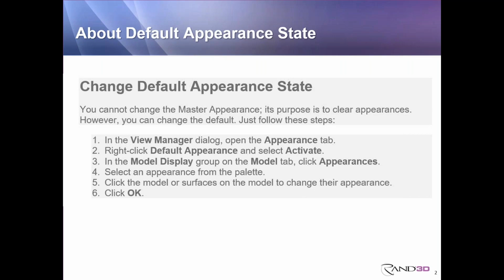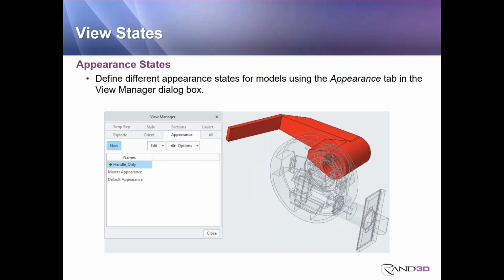And if you have some commonality in approach with multiple users, meaning you use similar appearance states, the same name, same or similar setup, then you could have various models, both parts and assemblies, with commonality in appearance states. That would be, of course, some planning that would take place to make that happen.